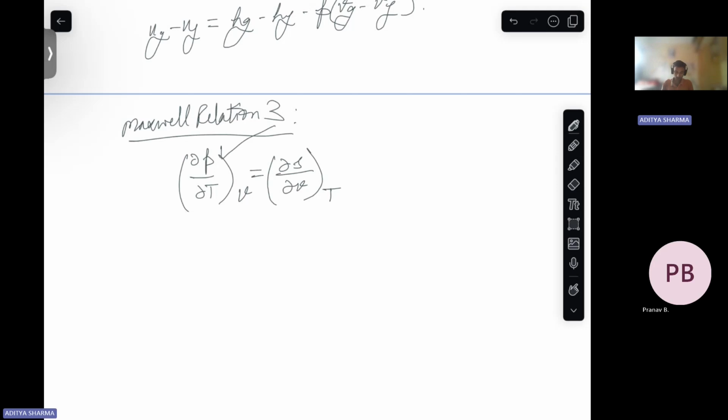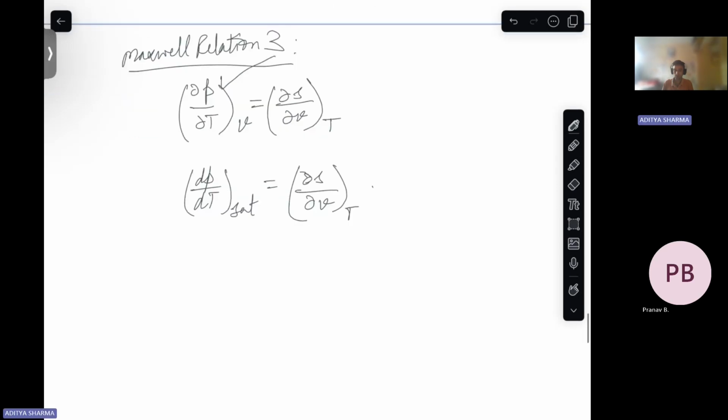As I have said, for saturated states it becomes an exact differentiation. So in that case it becomes dP by dT at saturation equals this, right?